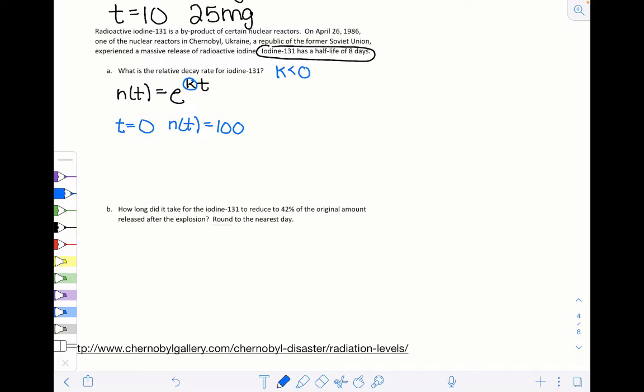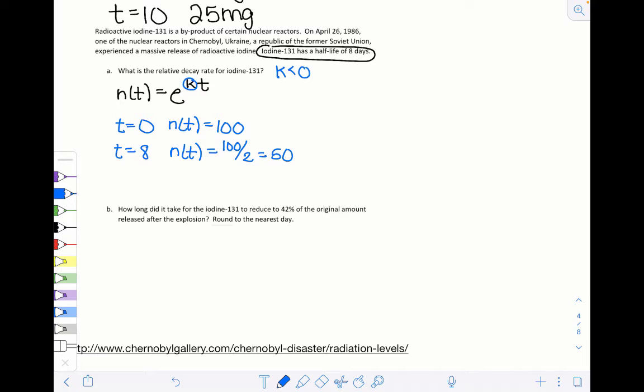So if the half-life is 8 days, that means 8 days later, the value would be cut in half. So then I could call this 50. And I haven't even put units here because it doesn't matter. I'm just using this calculation to figure out what the k value is.